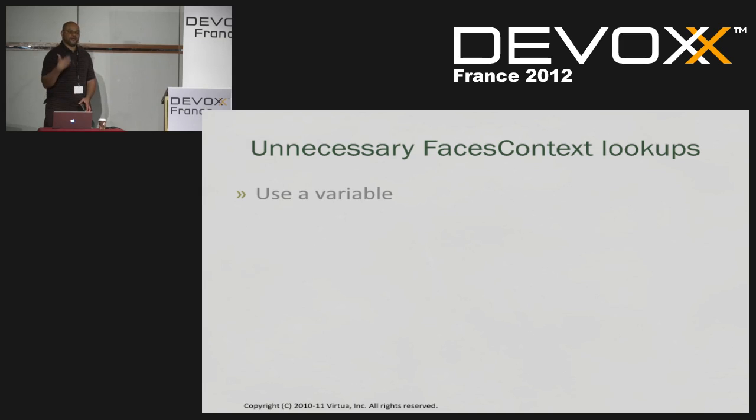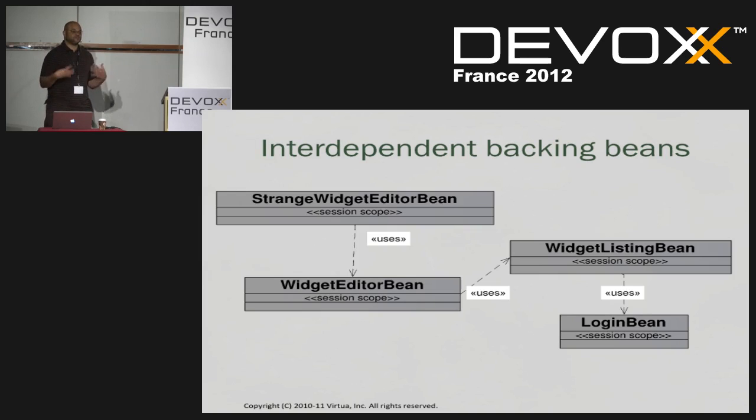Don't call the method to retrieve it multiple times in the same method. And if you can, pass it around. If you know you have to call another method, you can pass it the FacesContext. That will definitely help out with performance a little bit if you find that your application has lots and lots of extra calls to the getCurrentInstance method.